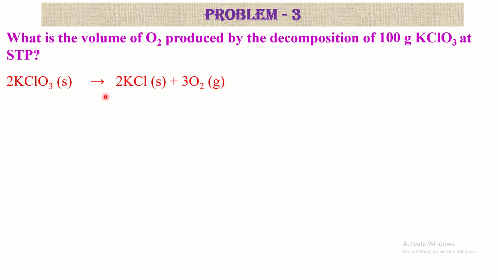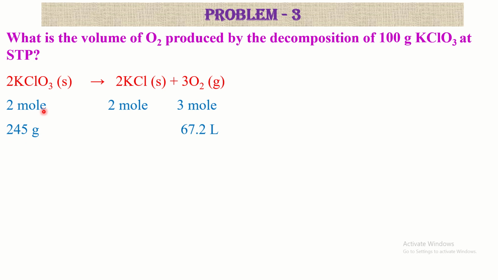Here look, 2 mole potassium chlorate. Here the amount is in gram. So we will write the molecular mass of potassium chlorate and volume of oxygen. 2 mole potassium chlorate, 2 mole potassium chloride and 3 mole oxygen. Potassium chlorate, its molecular mass is 122.5.